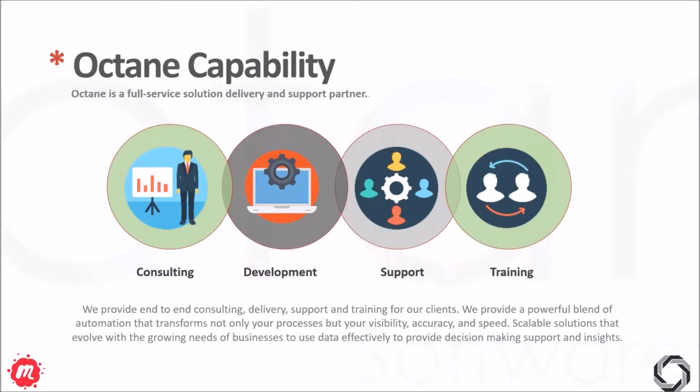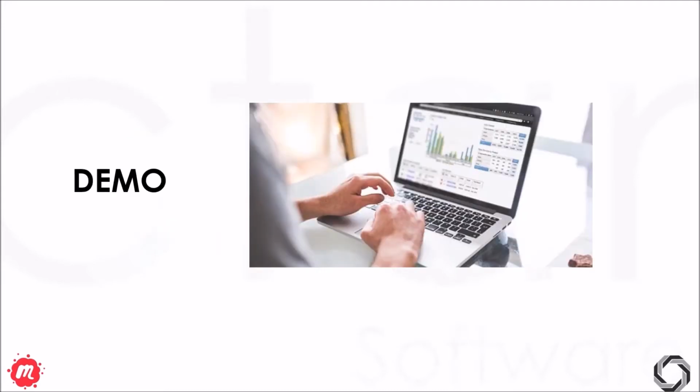Our 4 key areas of expertise are consulting, development, support, and training. Our offices in India have a 24/7 support center, where we manage our global clients all day, all year. We also provide virtual IBM Planning Analytics training sessions. So that's about Octane. Now let's get started with our demo.